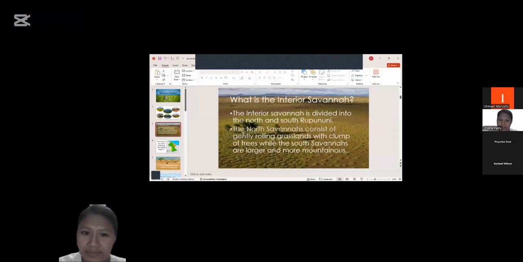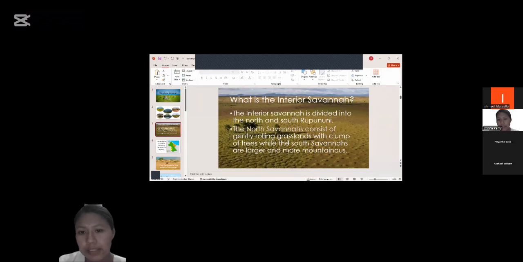The interior savannah is divided into the North and South Rupununi. The North savannas consist of gently rolling grasslands with clumps of trees, while the South savannas are larger and more mountainous.